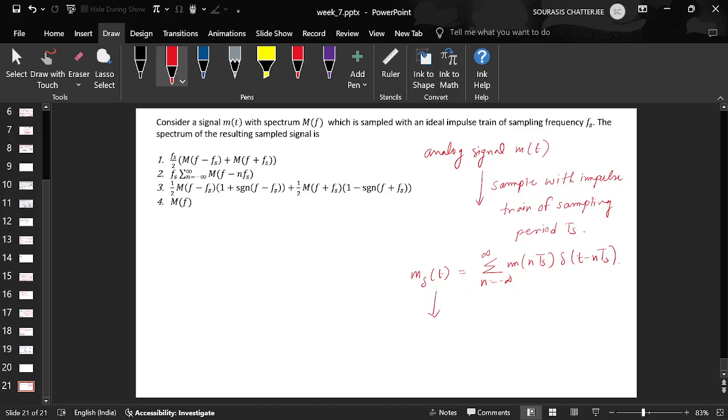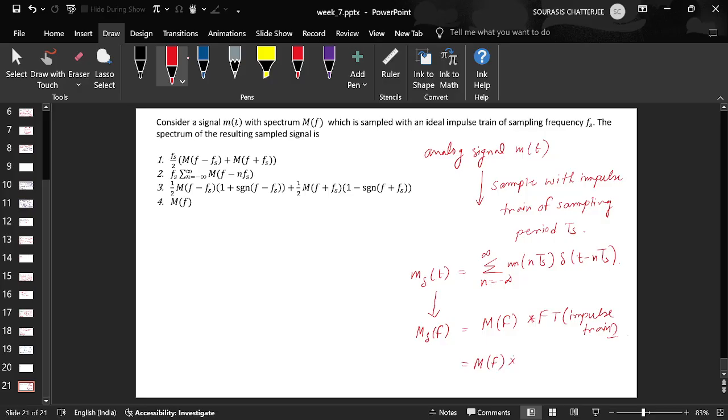When I look for the spectrum, that is M delta(f), it is a convolution of the original signal spectrum with the Fourier transform of the impulse train, which turns out to be another impulse train in the frequency domain with fundamental frequency fs, which is just the inverse of the sampling period.